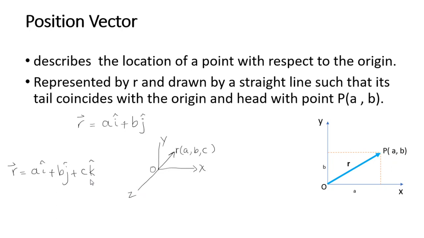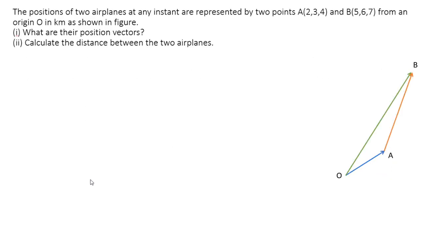Here I would like to discuss an example. In the figure you can see two vectors are given: OA is one position vector, and OB is another position vector.